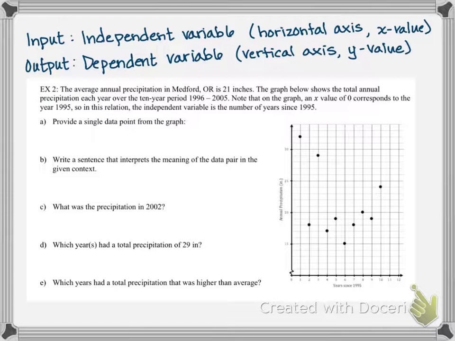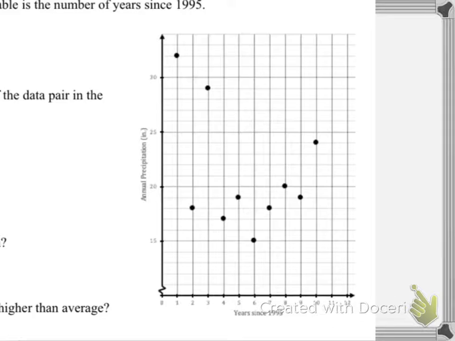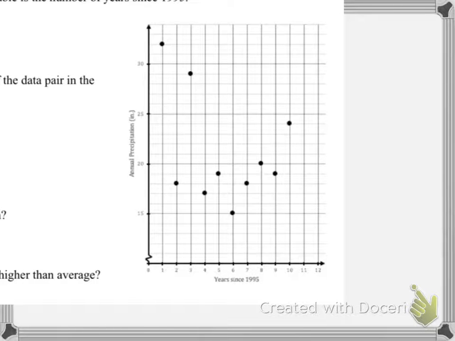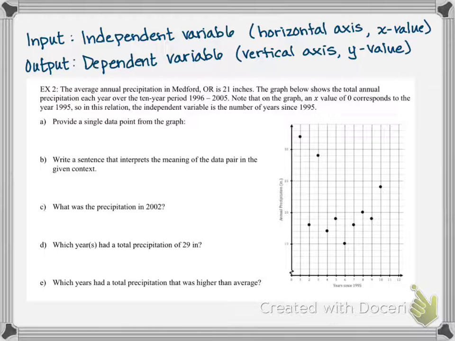Can somebody give me, here, let me give you a bigger picture, just a single point on this graph. 6 and 15. 6, 15, perfect.